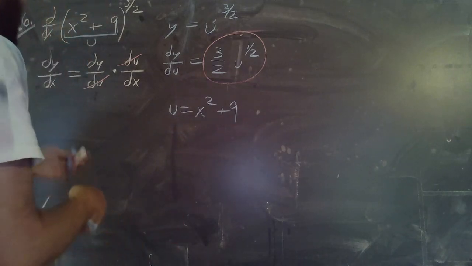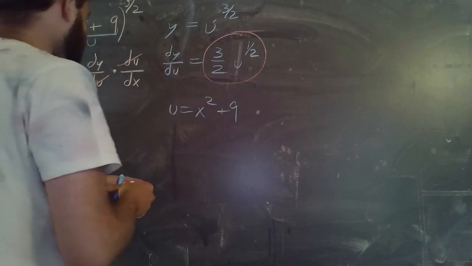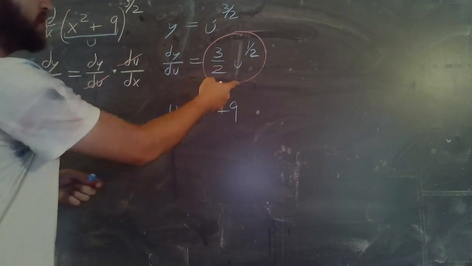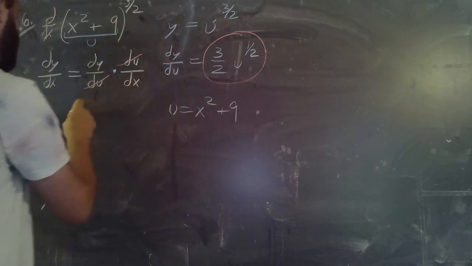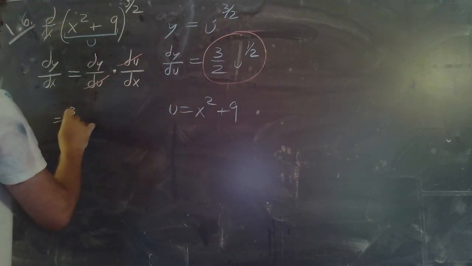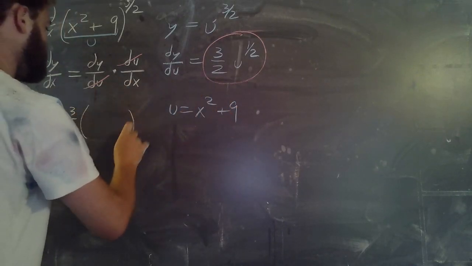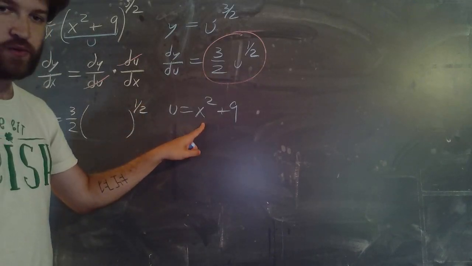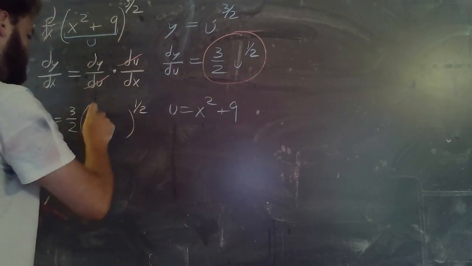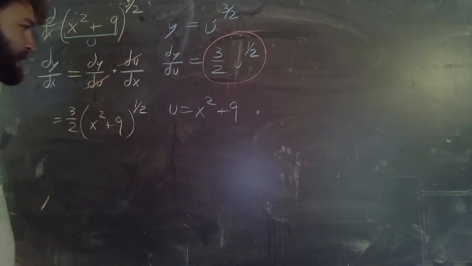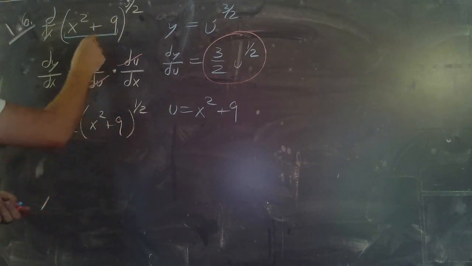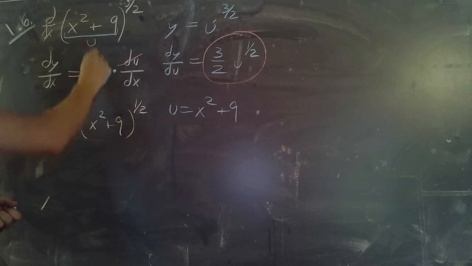But notice that in that case, what dy by du is actually equal to is this stuff circled in pink. It is 3/2 times u to the 1/2. But we know what u is equal to. U is equal to x squared plus 9. Now that takes care of this term here, dy by du.